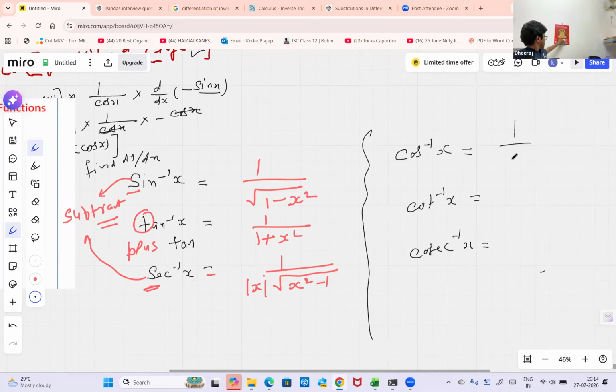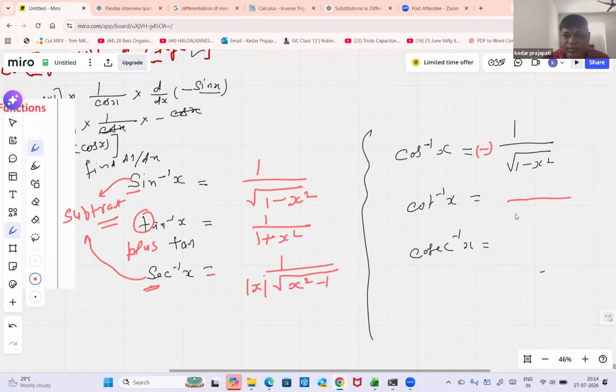Yes, sir. 1 by root over 1 minus x square. Put minus. Copy this, 1 plus x square. Then minus cosecant. Copy this sec inverse x.